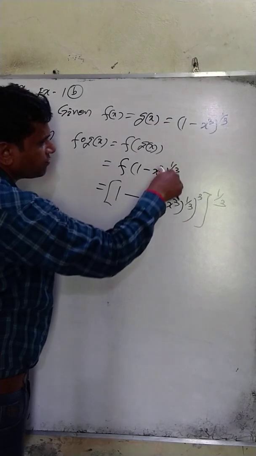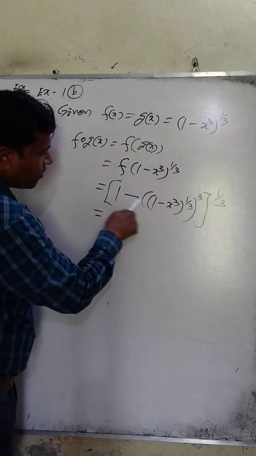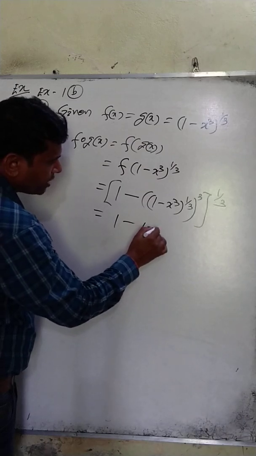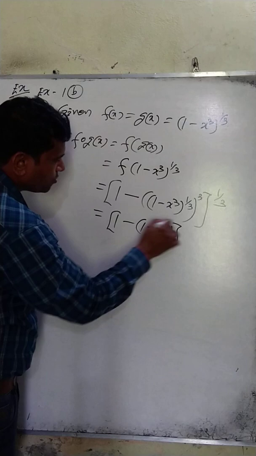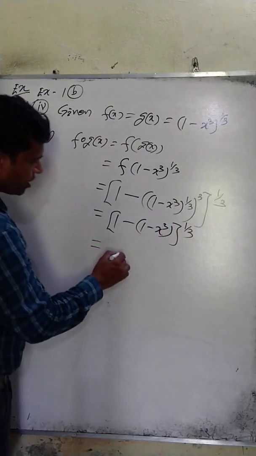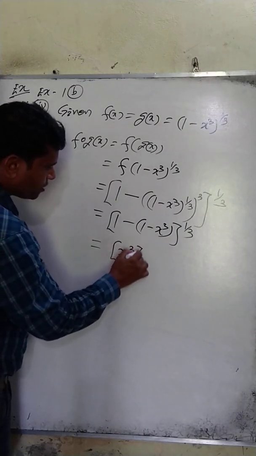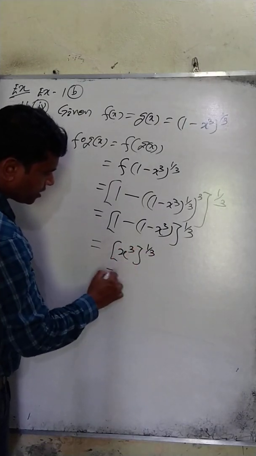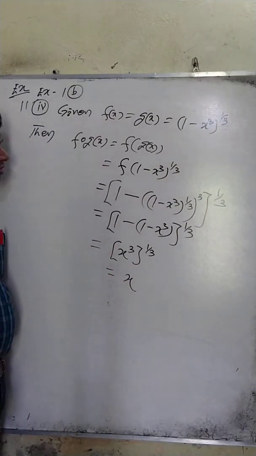Then simplify: (1 - (1 - x^3))^(1/3) equals (x^3)^(1/3), which equals x.